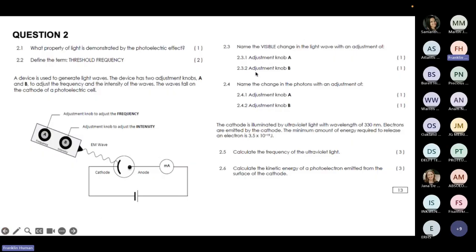Right, question 2.3. Name the visible change in the light wave with an adjustment of adjustment knob A. If you had a look at the simulation again, you will know exactly what change is made when you change the frequency. Let's say it together, even if I can't hear you. Changing the frequency will change the wavelength, will change the color, right?